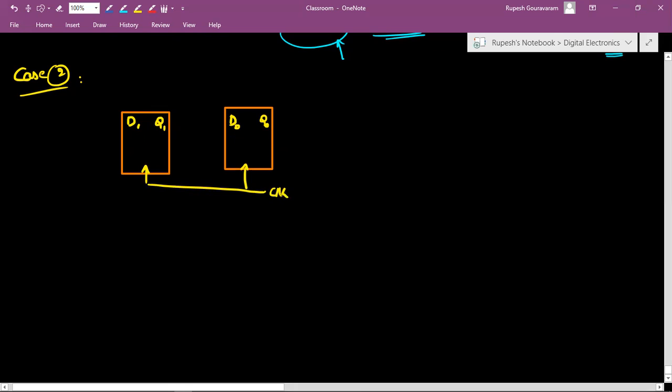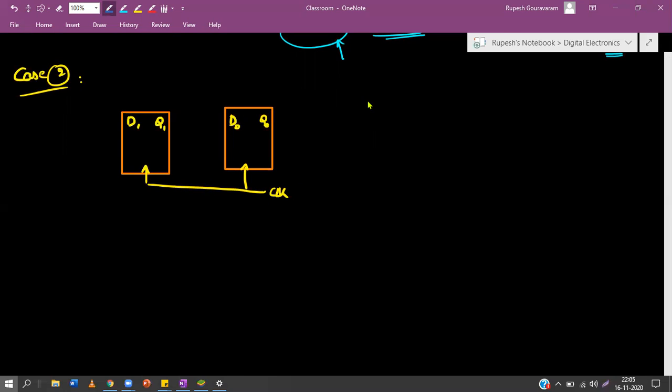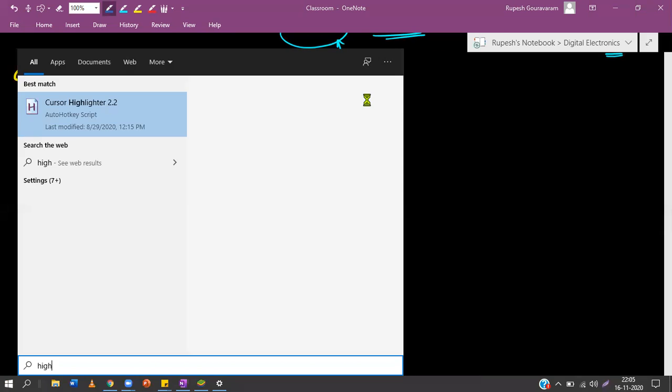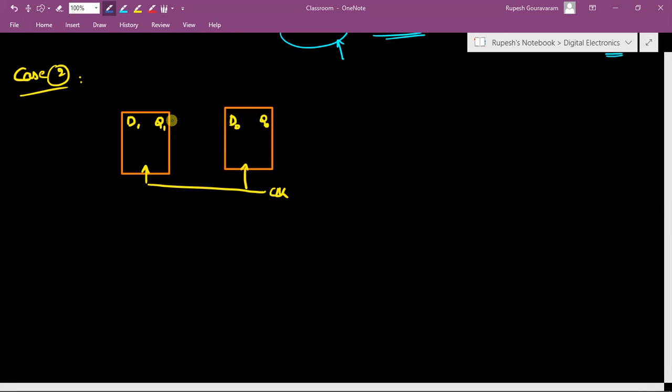Clocks are the same. Now I take Q1 and connect it to D0.